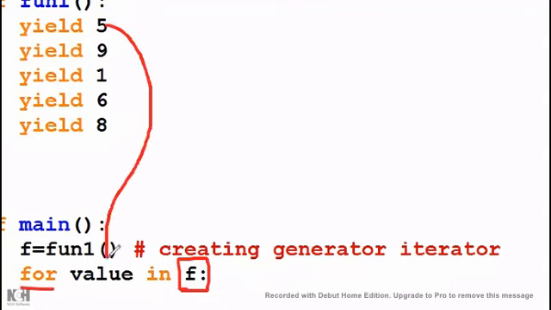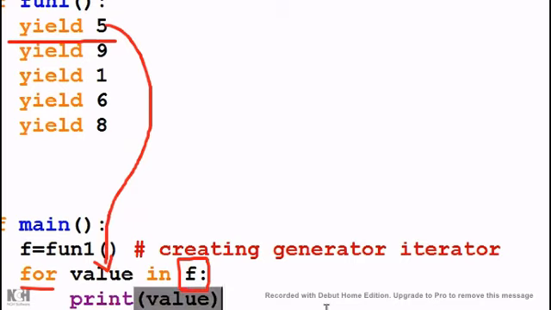It returns 5. After returning 5, will it terminate? No, it will pause the execution. Then I want to print this value. After printing the value, the for loop iterates the next value.